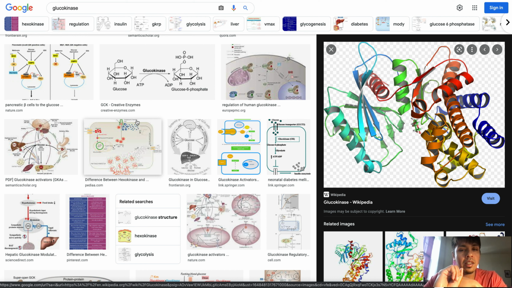The pyruvate kinase, which is sensitive in the liver. It's sensitive to phosphorylation. Okay, so if it gets phosphorylated, if essentially the phosphate group is extracted from ATP via kinase and attached to the pyruvate kinase, then the pyruvate kinase becomes inactive.